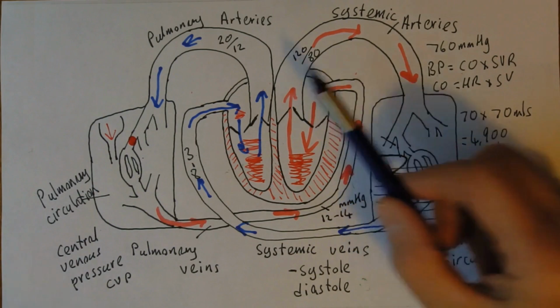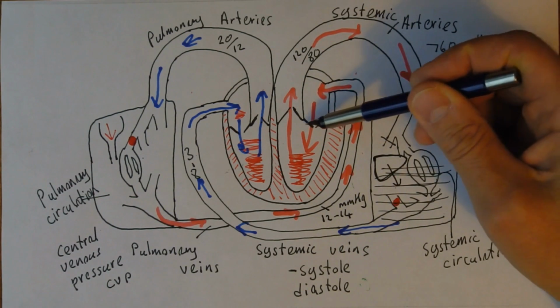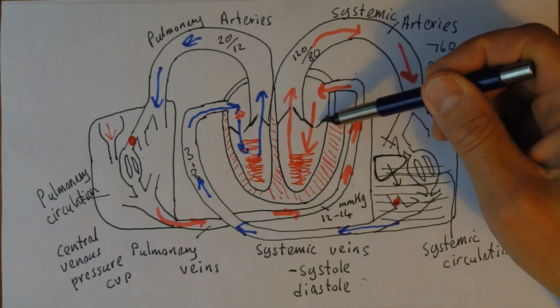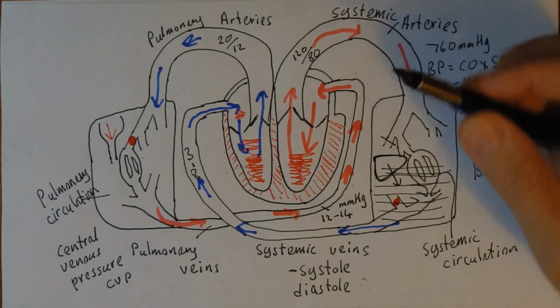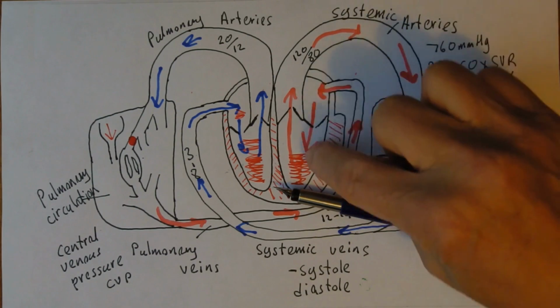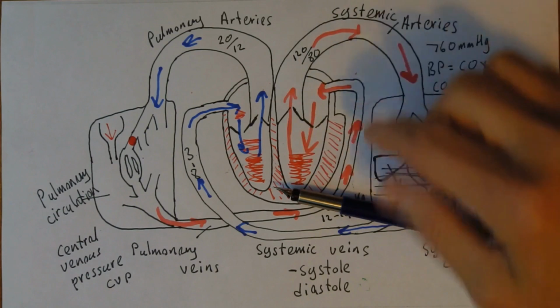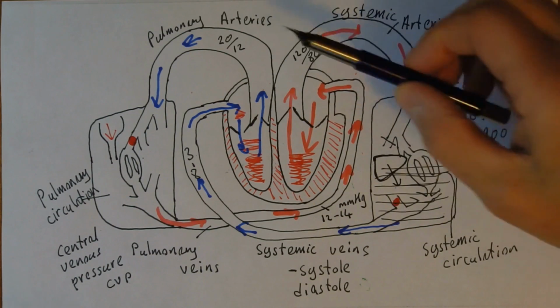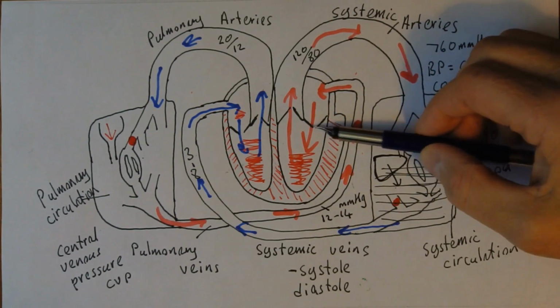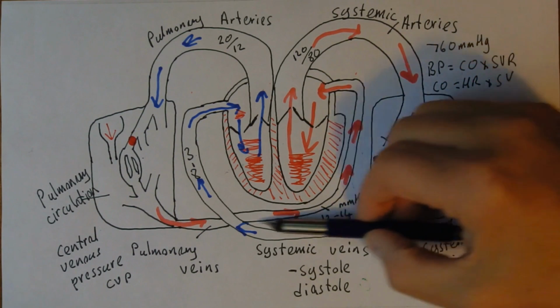So I think you can probably see that if the left atrioventricular valve, the mitral valve, was not working properly, then when the left ventricle contracted, the blood could be ejected the wrong way. Some will go that way, but some will go back as well, and that would increase the pressure in the veins. So failure of the mitral valve would lead to pulmonary venous hypertension.